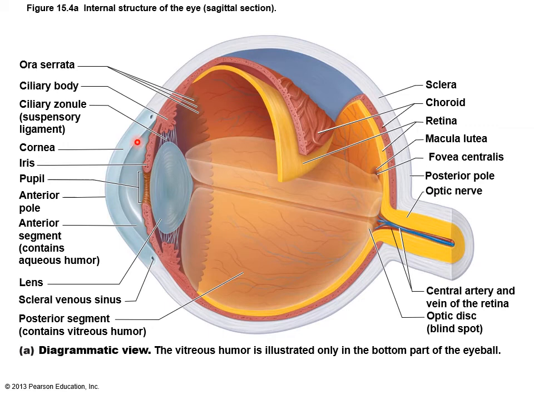The anterior is more like a water-based fluid. This scleral venous sinus is the drain for aqueous humor. And there's your pupil, there's the iris, and showing you suspensory ligaments. There's the lens of the eye, there's the ciliary body, so all the basic parts of the eye.